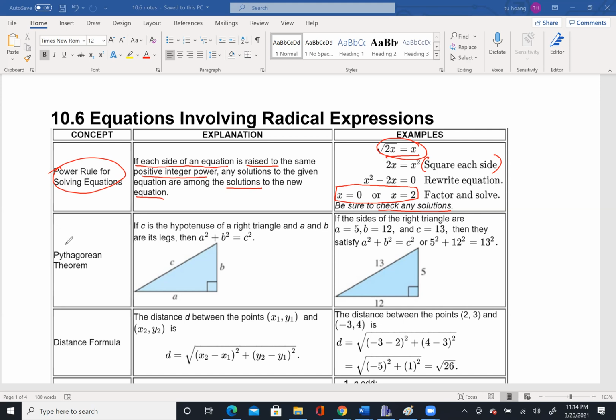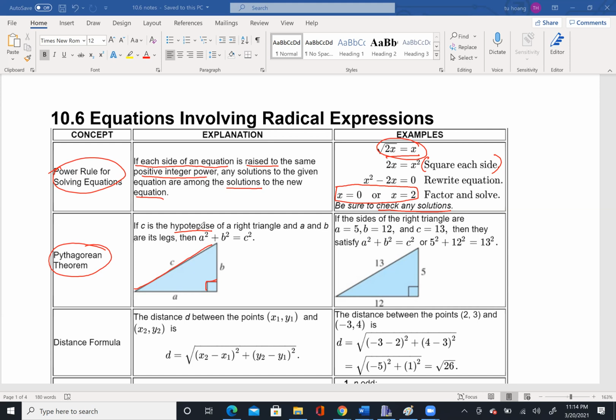Also, we will learn about the Pythagorean theorem in this session. Here, I have a right triangle, and C here is the hypotenuse, and A and B are the two legs.